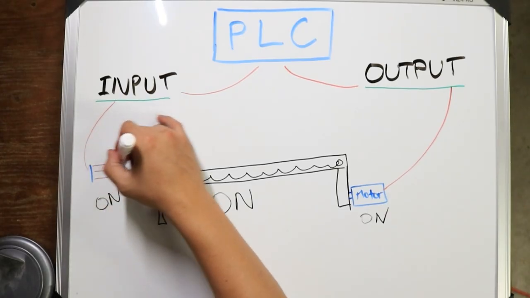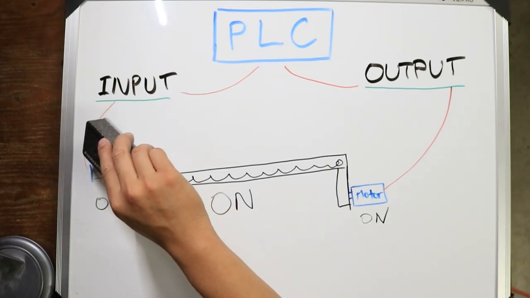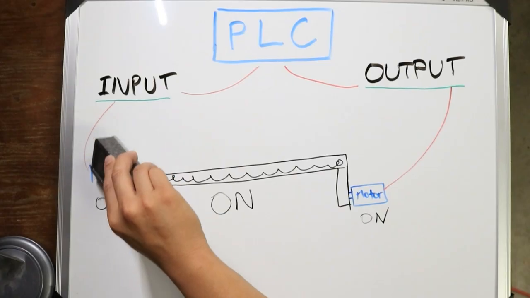This through beam is always on. Let's say that conveyor is in a cell. Since you program it for the conveyor to turn on when the input is on, the conveyor is always running for however long you want it to run until somebody walks through that beam.